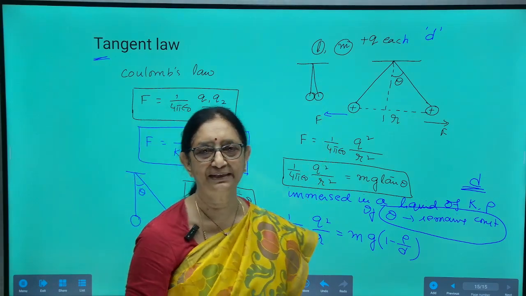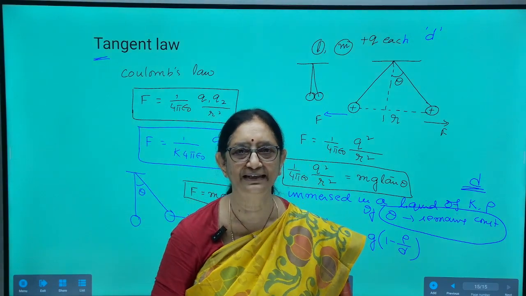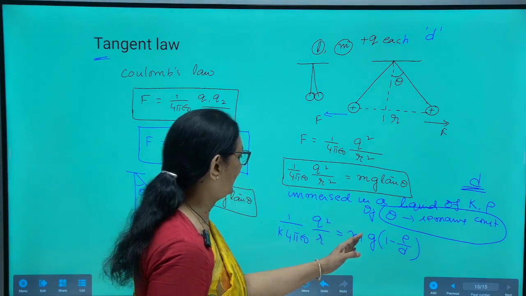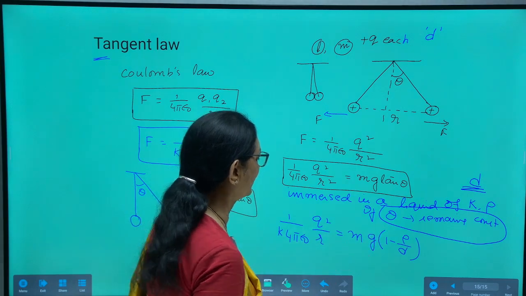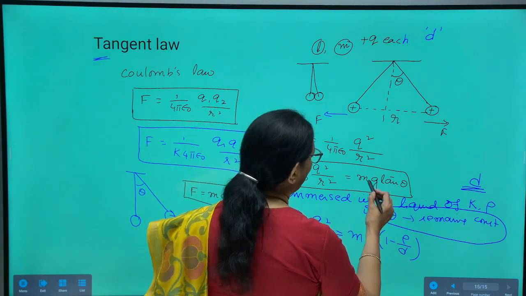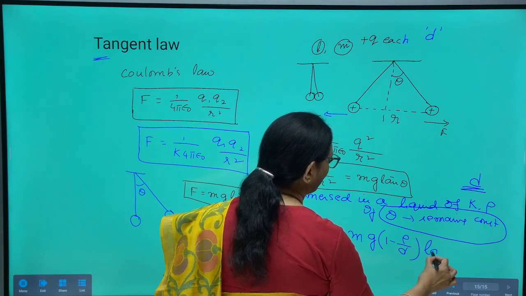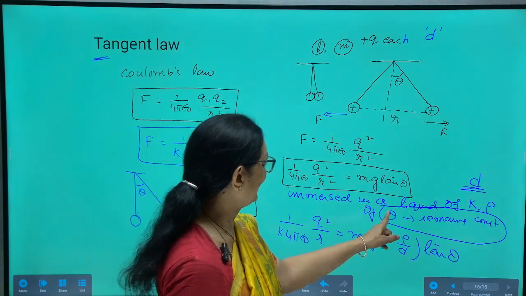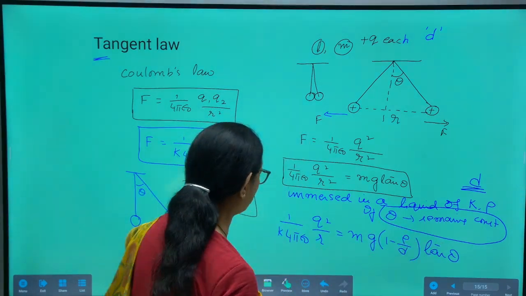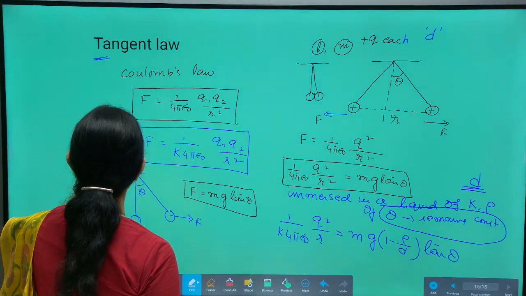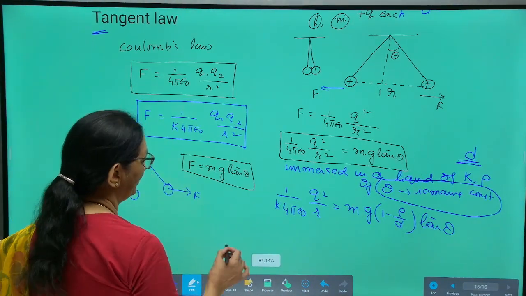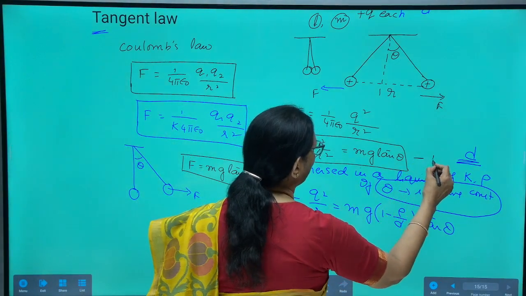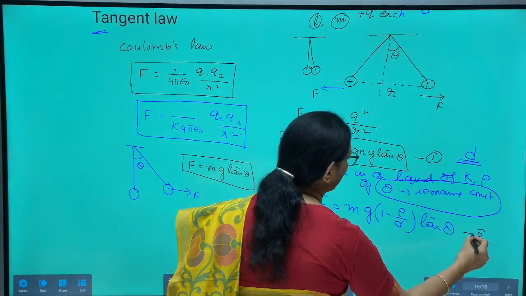When the object is immersed in a liquid of density rho, then from Archimedes principle, g dash is equal to g into 1 minus rho by d. Actually you have to take tan theta dash, but I gave you that theta remains constant. So, this is equation 1, and this is equation 2.